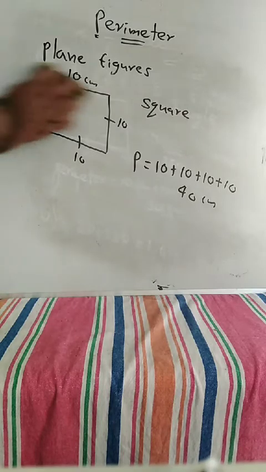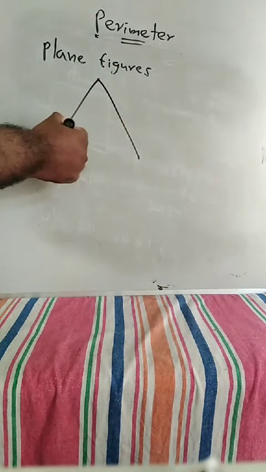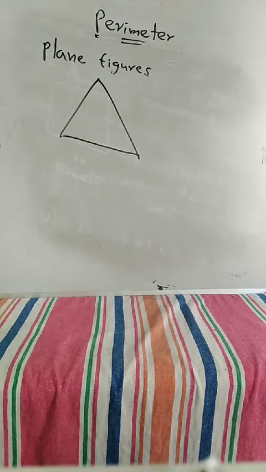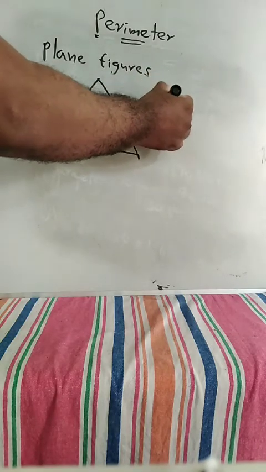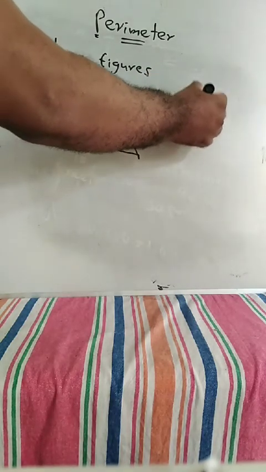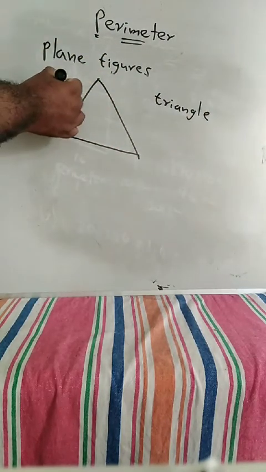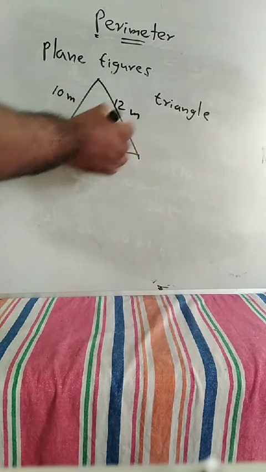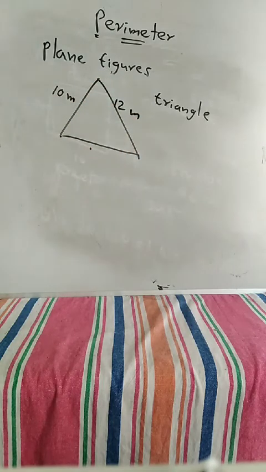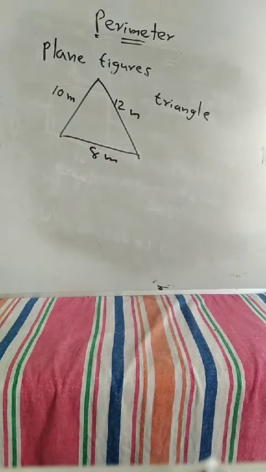Now another one. What is this? This is a triangle. If three sides are there, it is a triangle. Here this is 10 meters, this is 12 meters, and this is 8 meters.